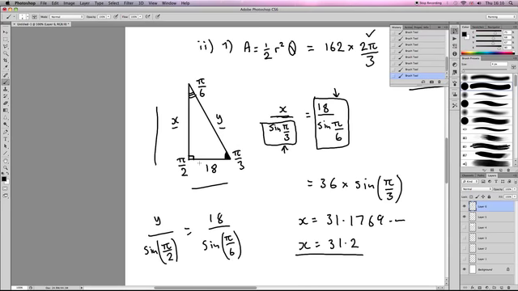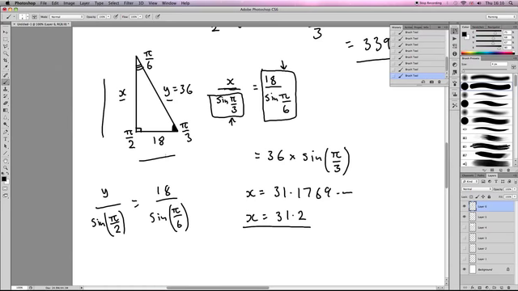Let's do it quickly. So 18 divided by sine pi over 6, and we'll times by sine pi over 2. So y should be 36, and again I don't need y, but I just found it anyway.